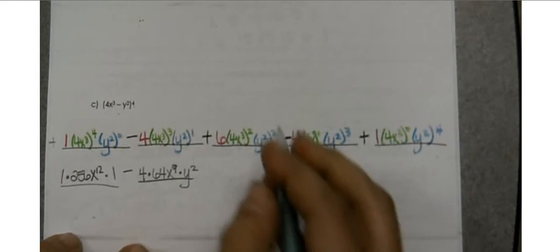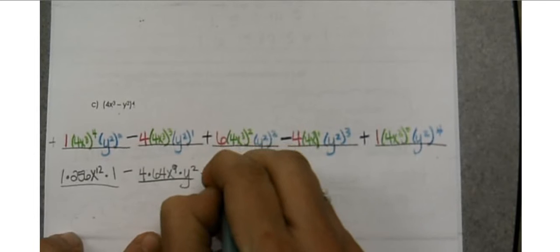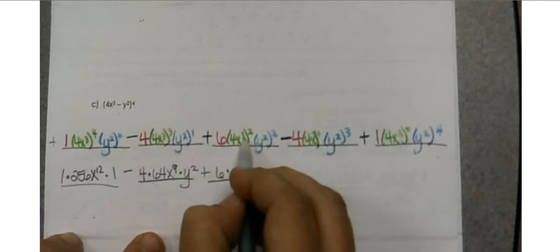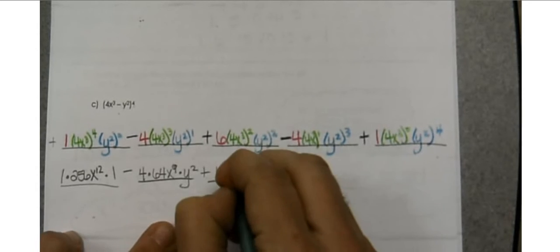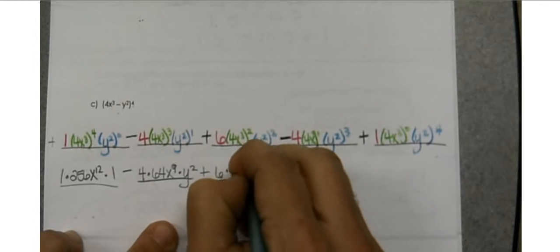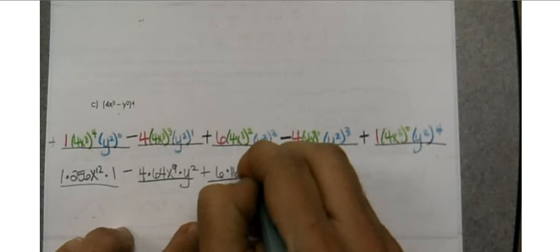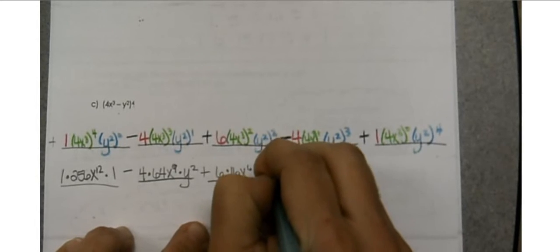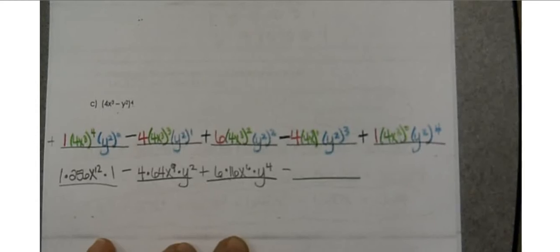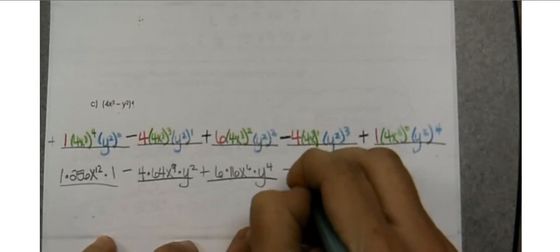Okay. The next term, I have 6. 4x cubed squared means I square the 4 and square the x cubed to get 16x to the 6th. Y squared squared, again, I'll apply the exponent by multiplying y to the 4th. I have 4.